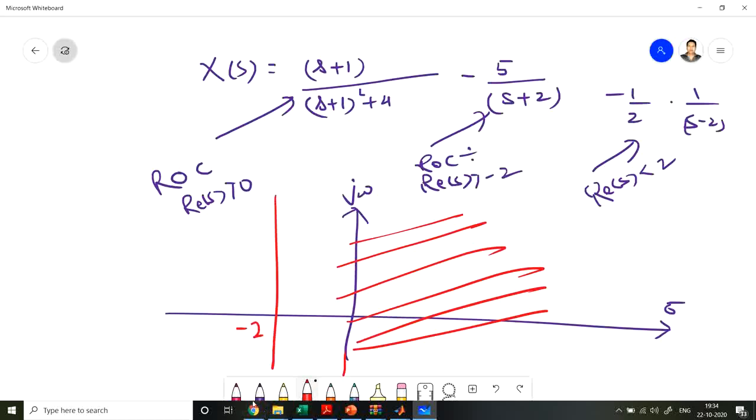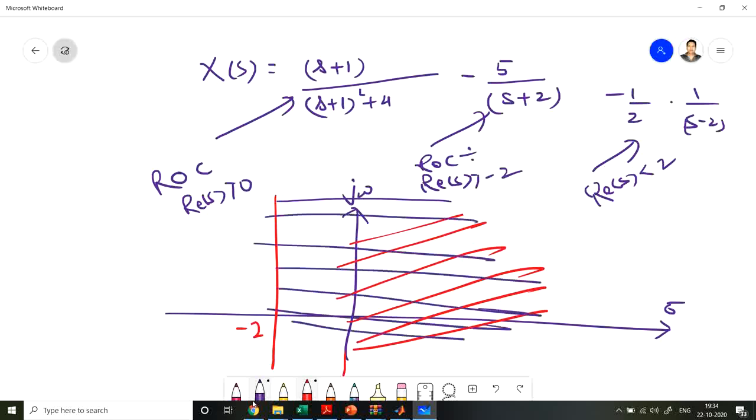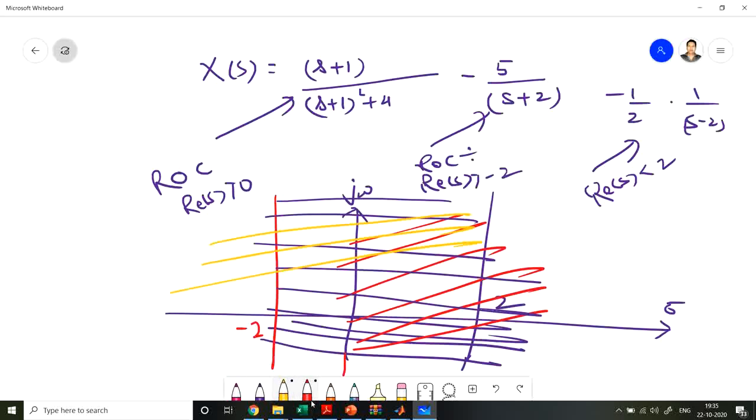The third ROC is real part of s less than 2, so 2 is somewhere at this point. Which one is common? Please see which one is common.